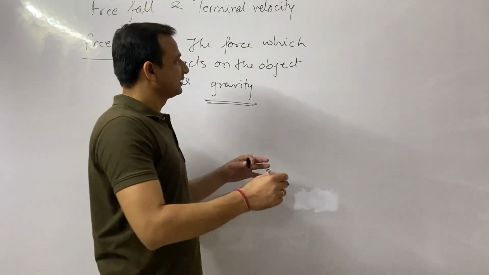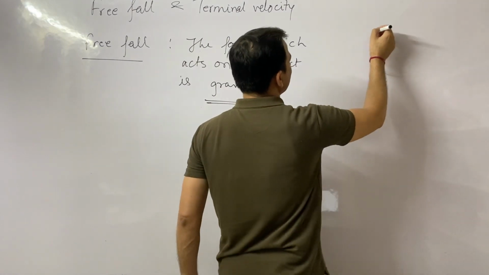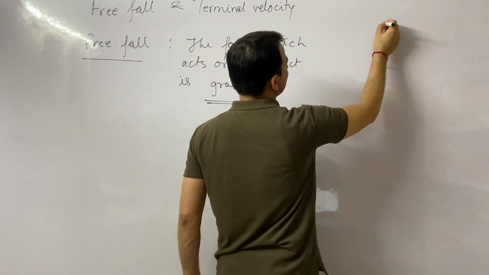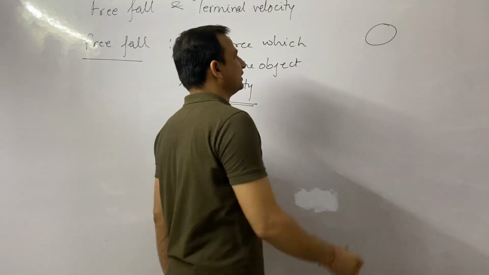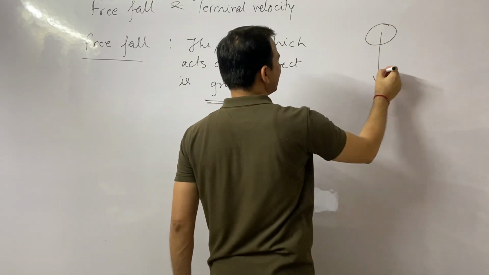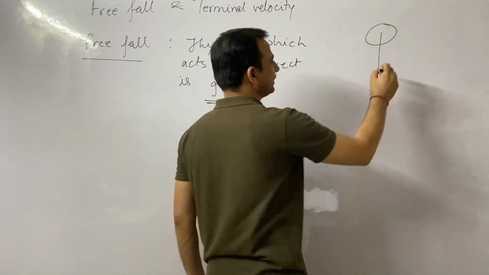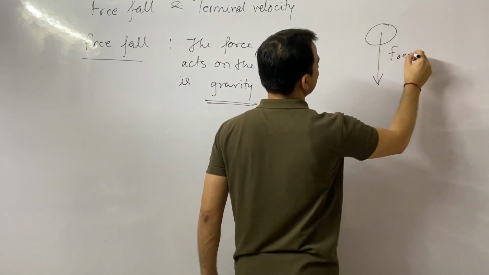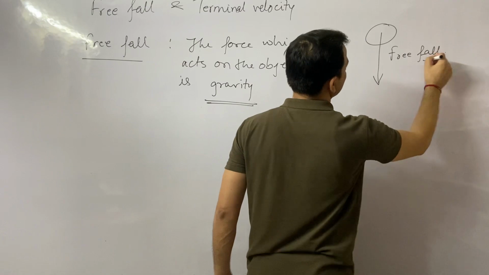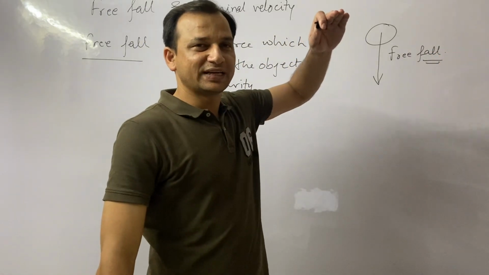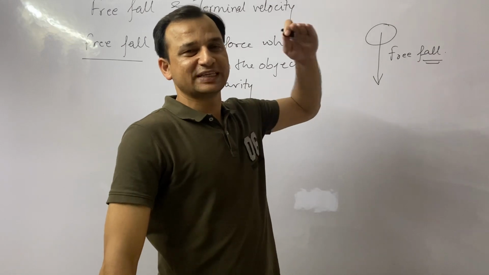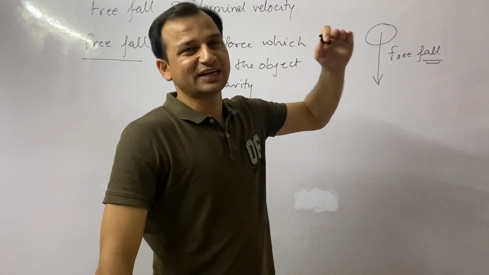So when a skydiver jumps from a plane, for initial time this skydiver is in free fall. It means the vertical velocity of the object initially will be at rest.